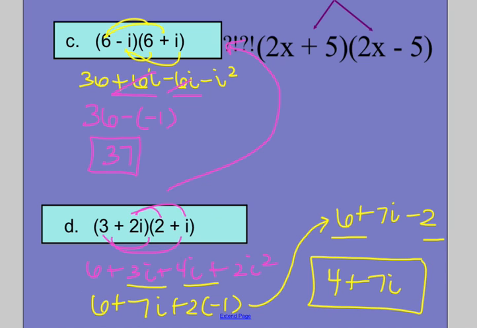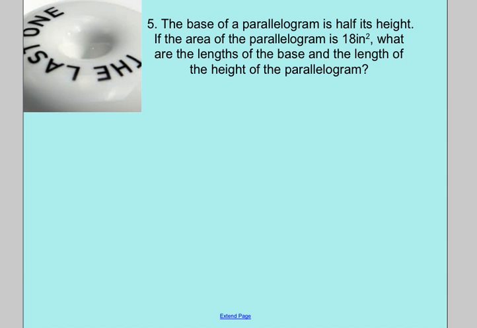All right, one last problem on this note sheet, okay? Example 5, the base of a parallelogram is, remember, is means equal, so B equals half its height. How do you do half of a height? 1/2 times H. If the area of the parallelogram is 18, what are the lengths of the base and the height of the parallelogram?